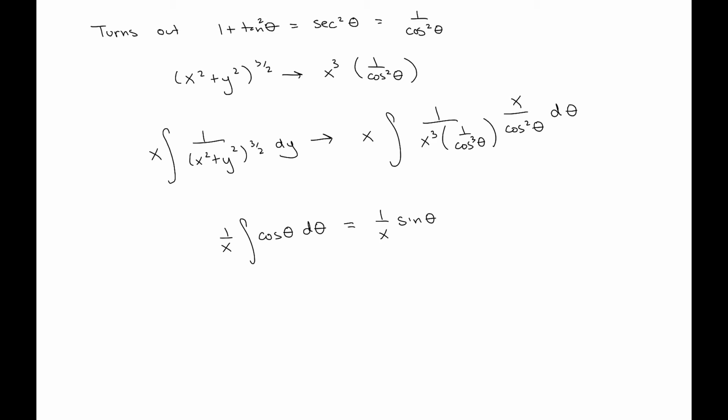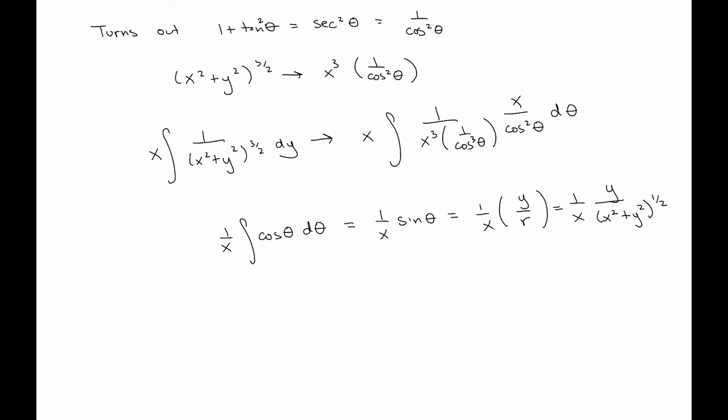If I want to keep going, I could either refigure out what the limits are in terms of theta, or I could recognize that that's the same thing as 1 over x times y over r. That's what the sine of theta is equal to, which is the same thing as 1 over x times y over x squared plus y squared to the 1/2.